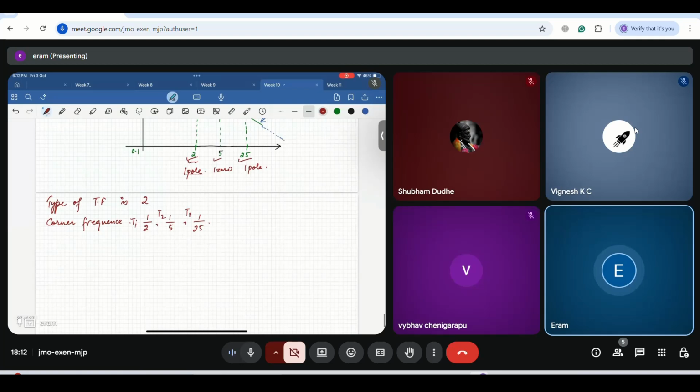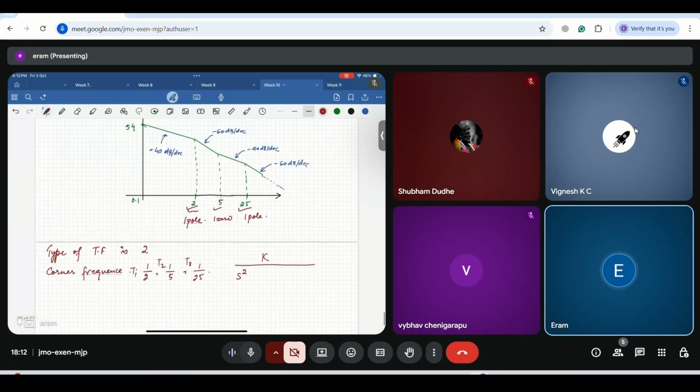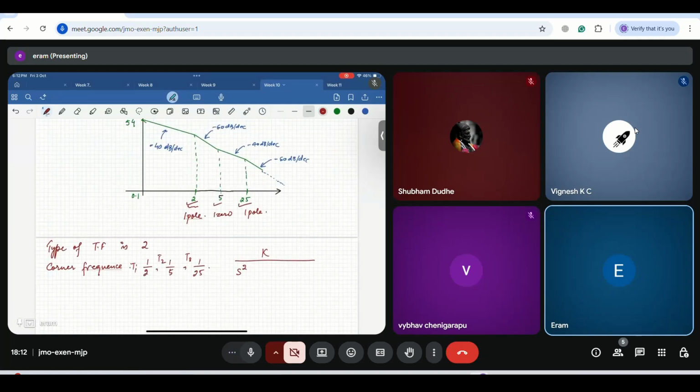So what can we write? We have a transfer function of the form K by s squared, because it is a type 2 system, and then we have one pole at 2, so 1 plus sT1, then we have a zero, so 1 plus sT2, and then again a pole, so 1 plus sT3. This is the form of the transfer function.